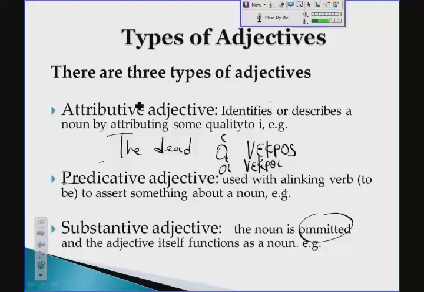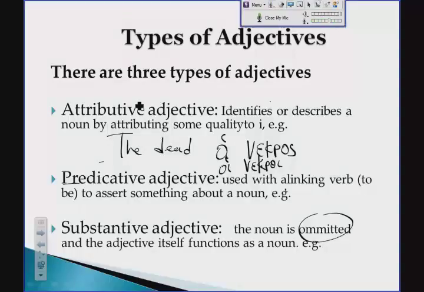Remember, the adjective goes to the rest of the genders. You can have it in masculine, feminine, and neuter, just like your definite article. So here, the substantive, the noun is omitted, and the adjective itself functions as a noun.